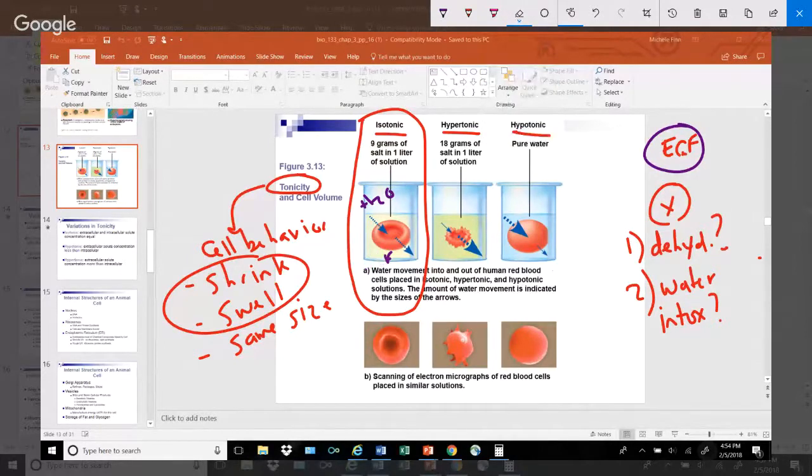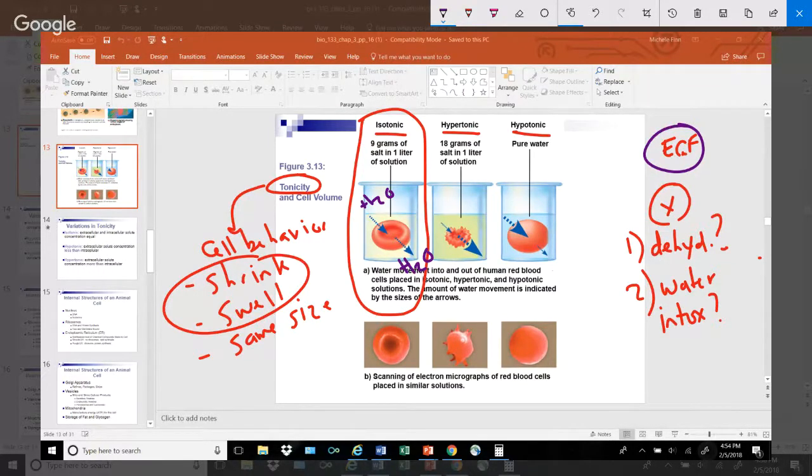So as you think about osmosis, water is always moving from a high concentration to a low concentration. But why don't our cells normally swell or shrink? Because the extracellular fluid of our cells is bathed in a solution that's isotonic, which has about the same amount of water and special solutes or electrolytes as what's inside the cell.